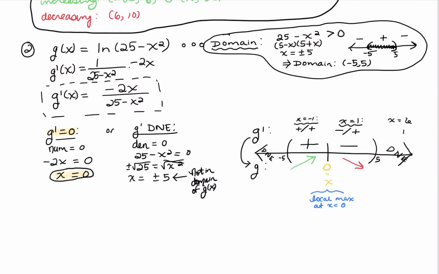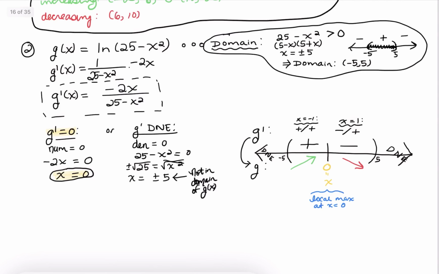I would have a negative over a negative, so ultimately I'd have positive, and I would say, oh, that's increasing. If I then thought that I have changed from decreasing to increasing, and I was tempted to think that 5 was a min, you might be alerted to that issue if you were to actually attempt to sub 5 back into the original function, and you would get that it wouldn't exist because you'd have natural log of 0.